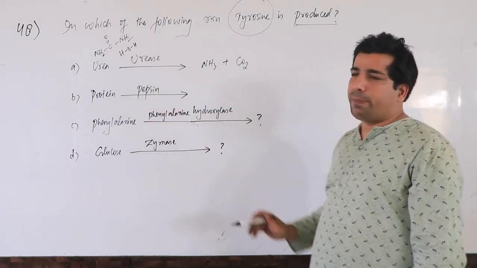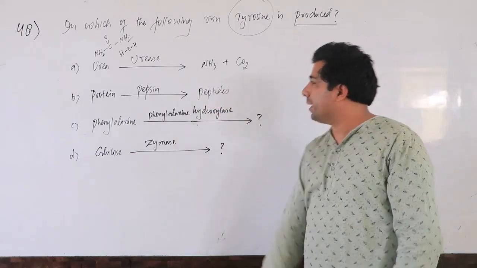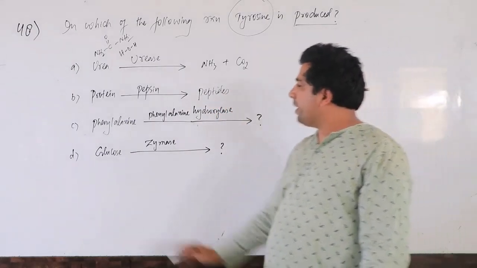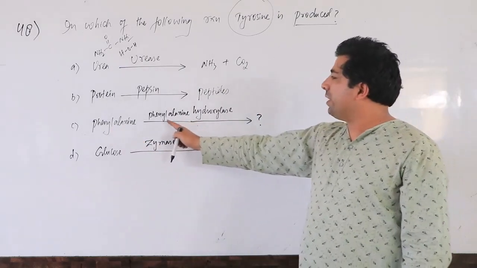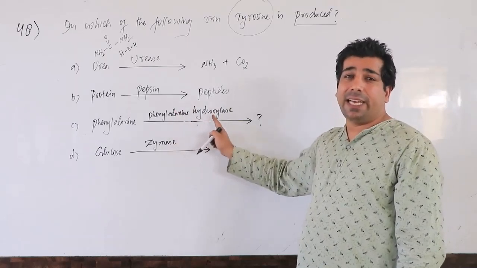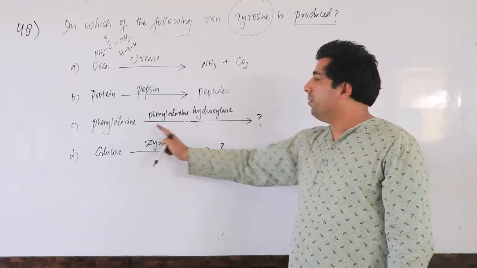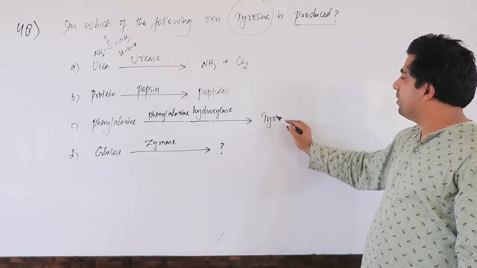Protein in presence of pepsin will give me peptides. Correct? So after that, phenylalanine is an amino acid. In presence of the enzyme phenylalanine hydroxylase, phenylalanine will be converted into tyrosine.